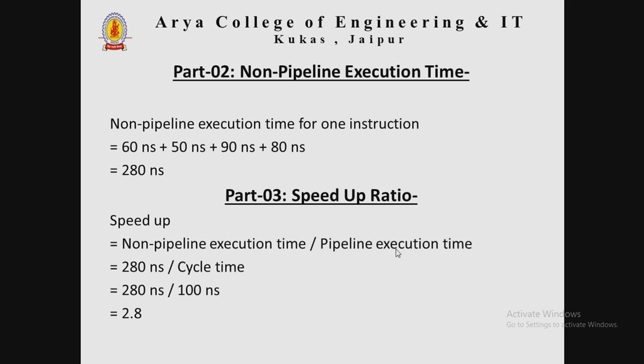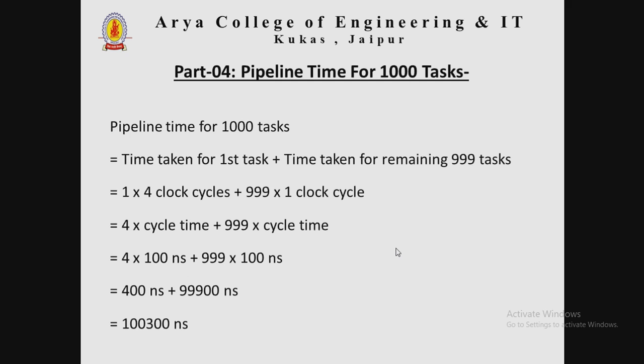We calculated the non-pipeline execution time in part 2, which equals 280 ns, and divide by the cycle time, whose value is 100 ns. So 280 ns divided by 100 ns equals 2.8.